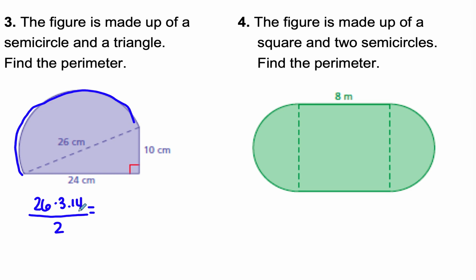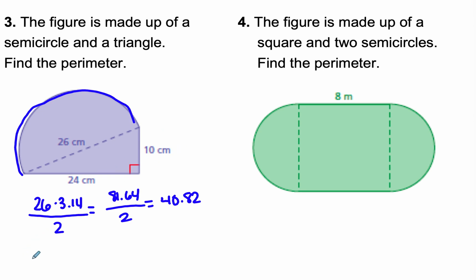So let's see, if I do 26 times 3.14, I get 81.64. And then I am going to divide that by 2, and I get 40.82. That's the distance that's on blue here, the outlined.